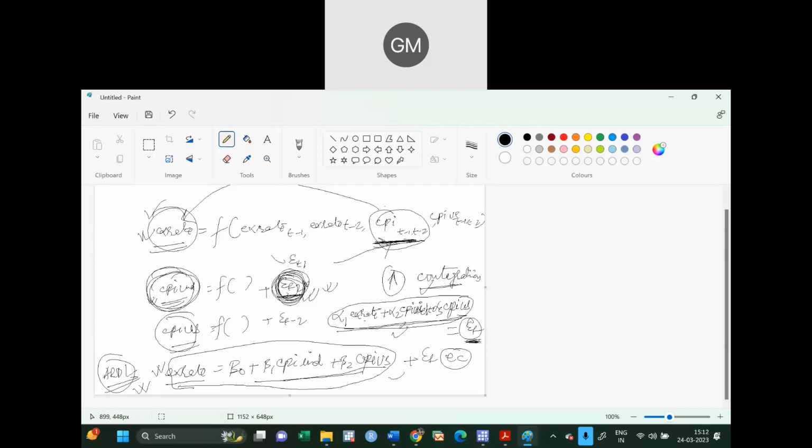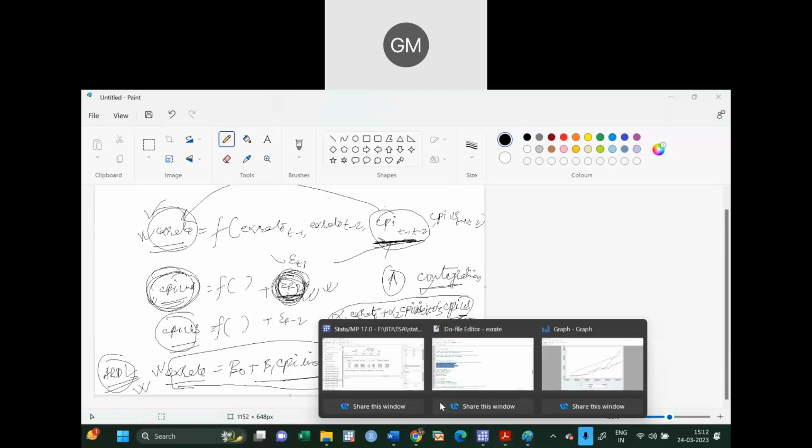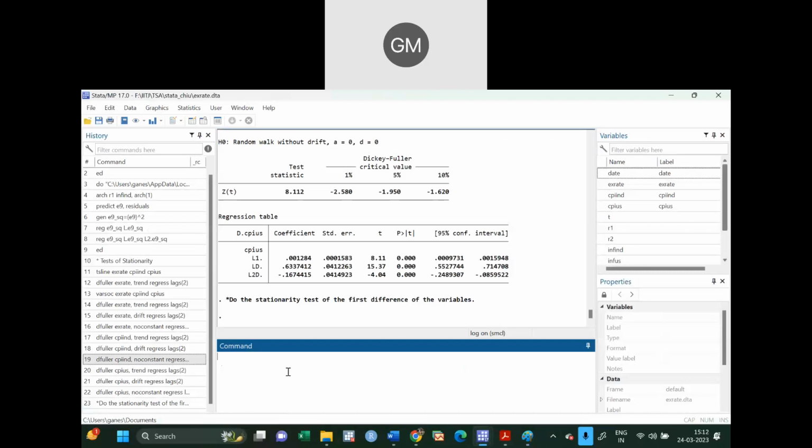Okay, now let's start with ARDL, and you must be able to look at the do file. Though in our case, all the variables are non-stationary in level and stationary in the first difference, let's try to do ARDL with this, though cointegration is going to be more appropriate in our case.